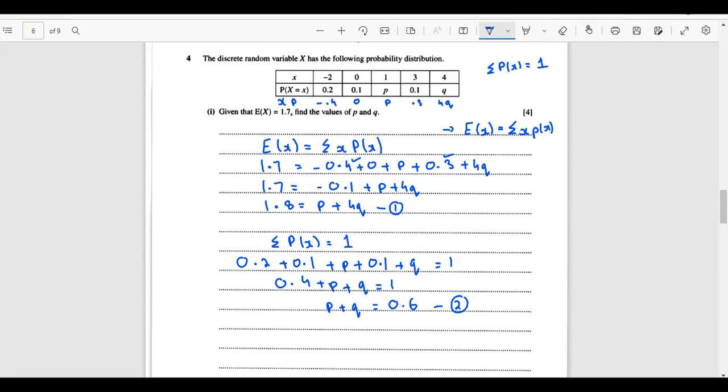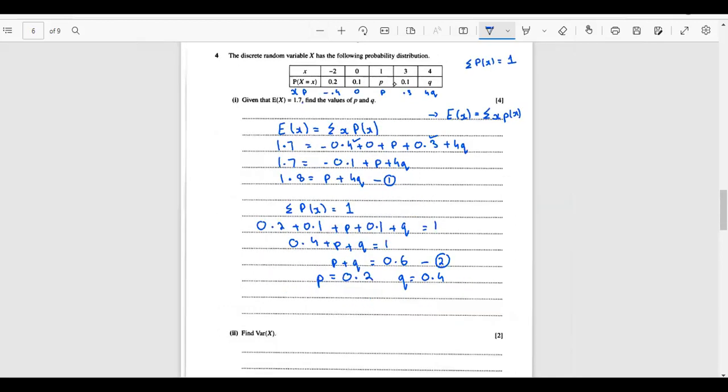I just want all of you to participate. Q is correct. Just check your P once again. Good. Munja and Ishal, very good. P is 0.2, and Q is 0.4. Very well done. This is how we do it.